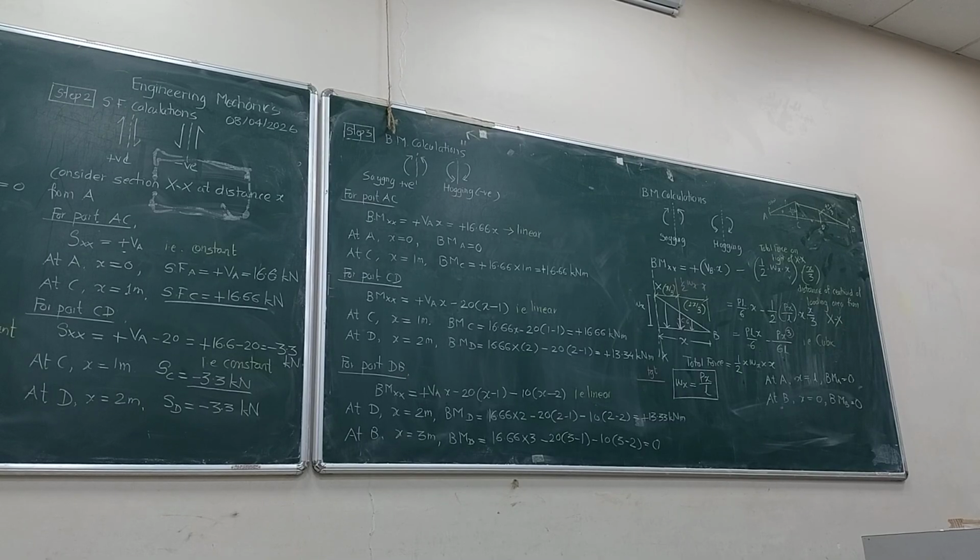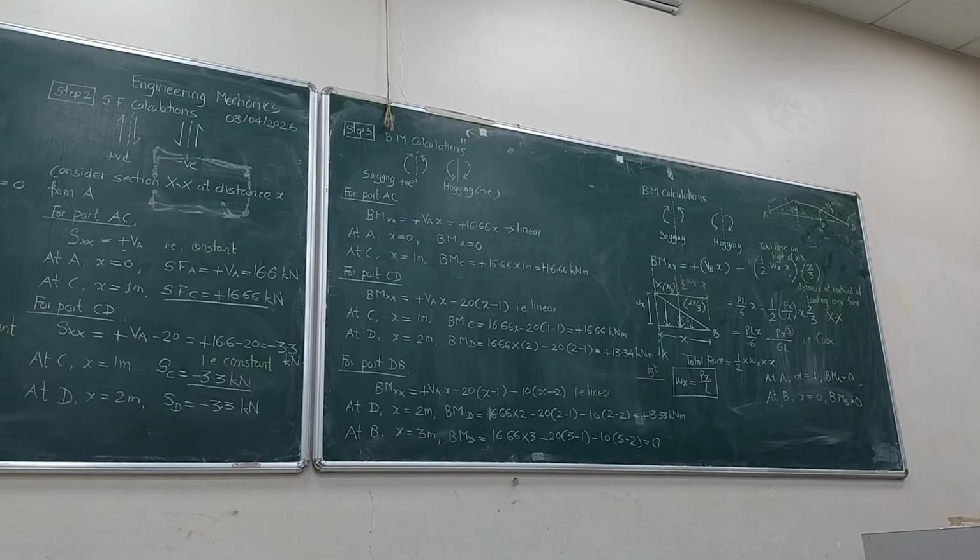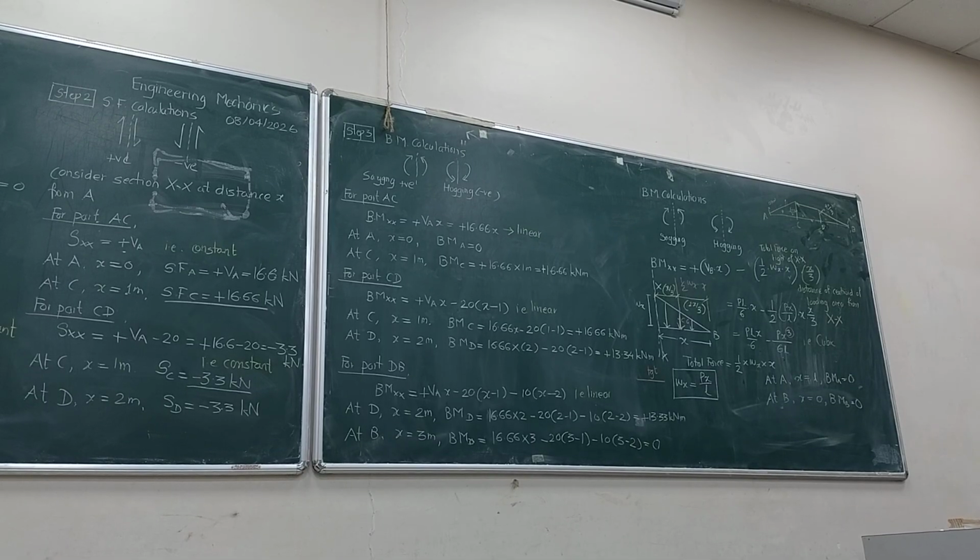This is your bending moment diagram. This value is 13.33. This value is 16.66. So this is your BMD. What is the unit? Kilonewton meter. And what are the distances? 1 meter, 1 meter, 1 meter.